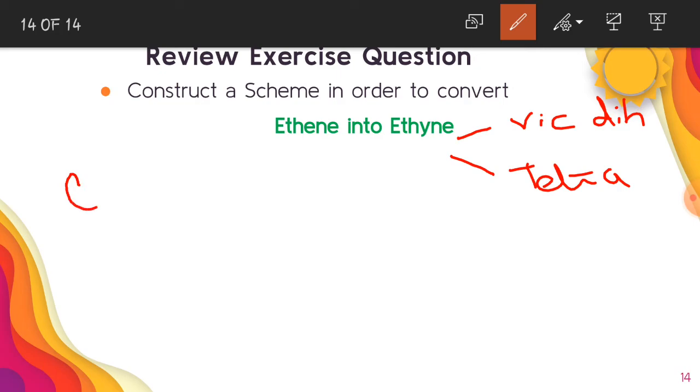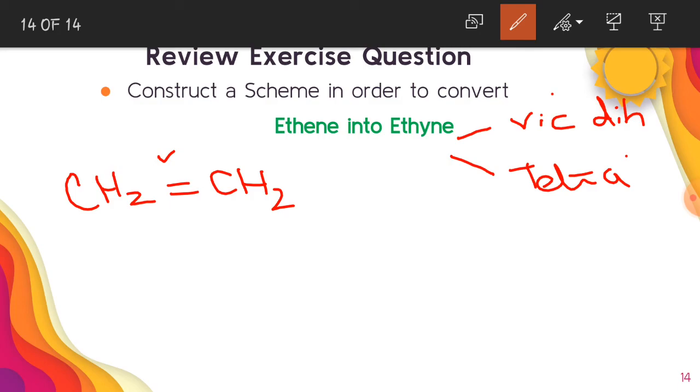The structure for ethene is like this. So this means that we need to convert this ethene into vicinal dihalide or tetrahalide in order to convert it into an alkyne.